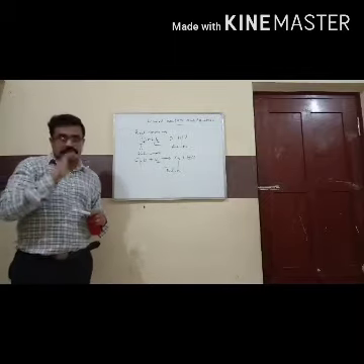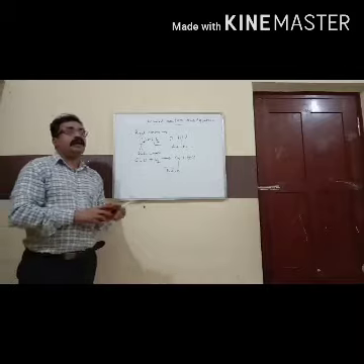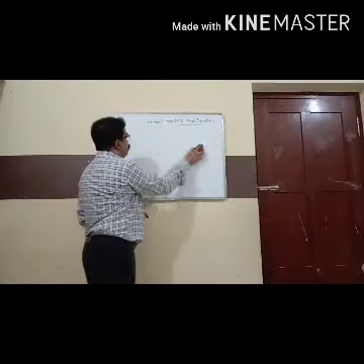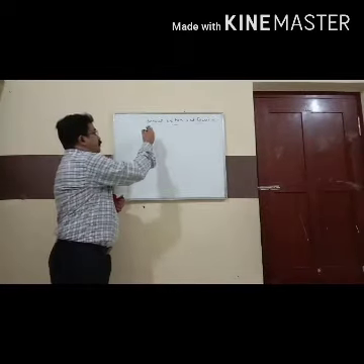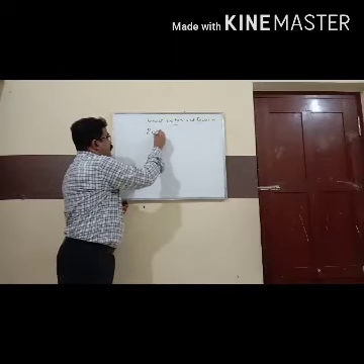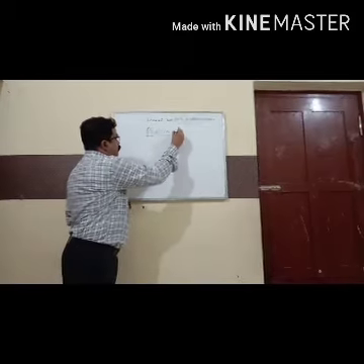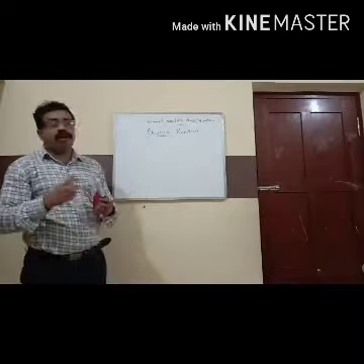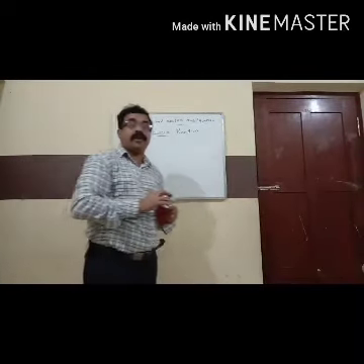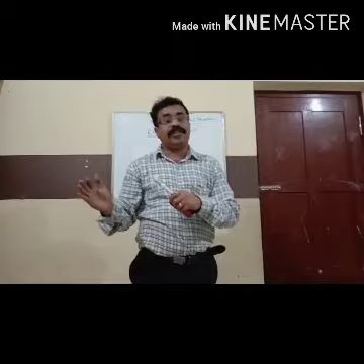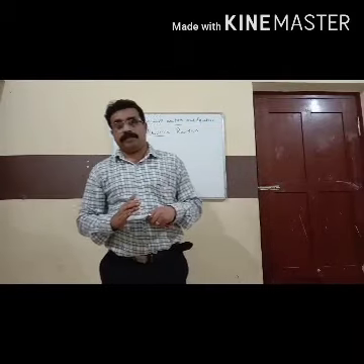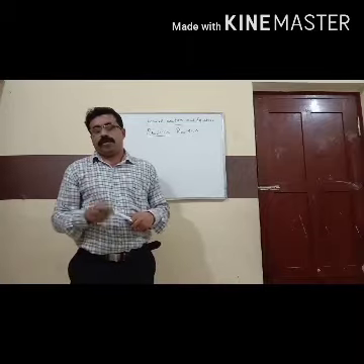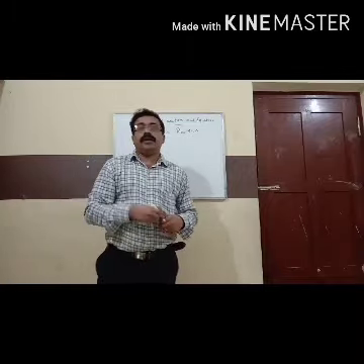It is redox reaction. A redox reaction is a chemical reaction where oxidation and reduction take place simultaneously. Normally it takes place simultaneously, but we are particular about oxidation and reduction, so we'll see.